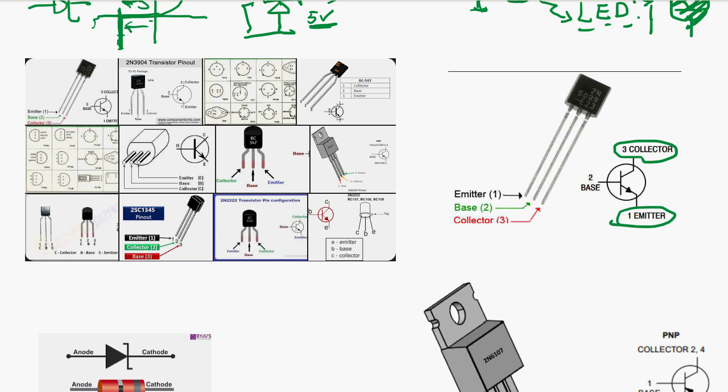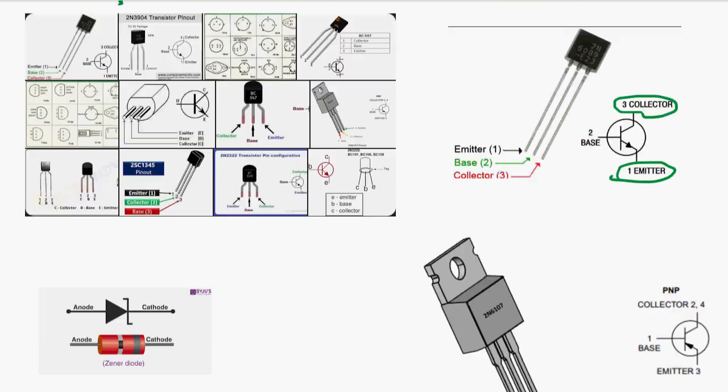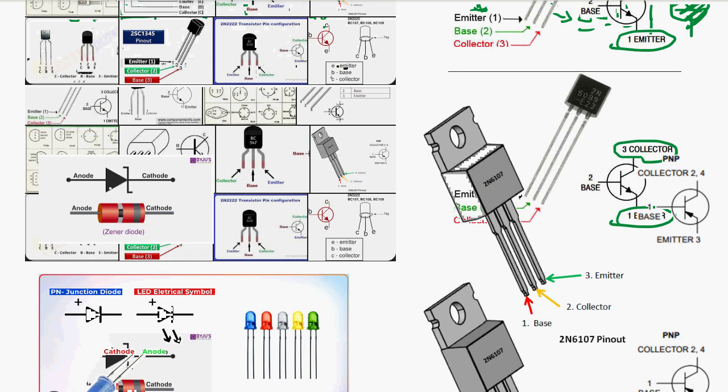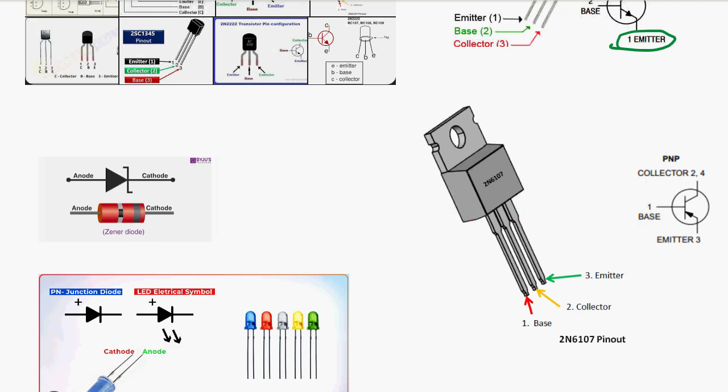Now, there are different arrangements for the power transistor, where the collector is in the middle. The reason is simple.